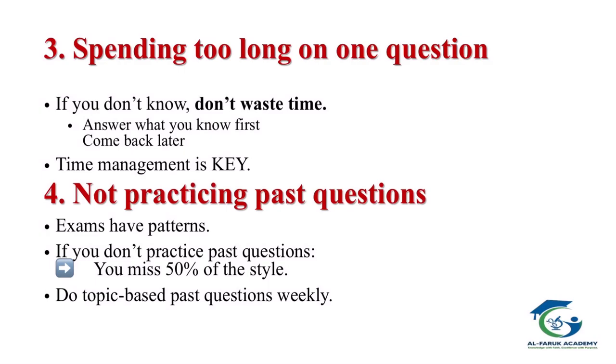So you have to manage your time and not waste time on one question. Answer what you know first, answer the easier ones, and come back later for the hardest questions. Time management is key. In yesterday's lecture, we talked about how to manage your time, and how to know how many minutes you're supposed to spend on each and every question.